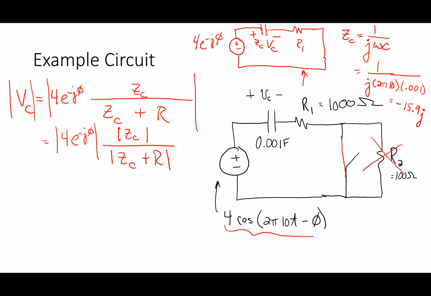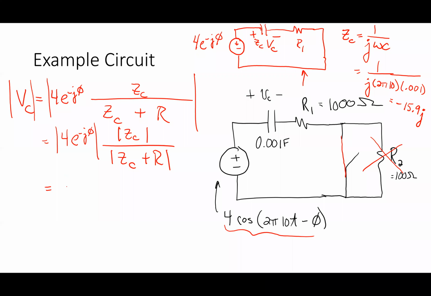Everybody follow that? A magnitude of A times B over C is the magnitude of A times the magnitude of B divided by the magnitude of C.